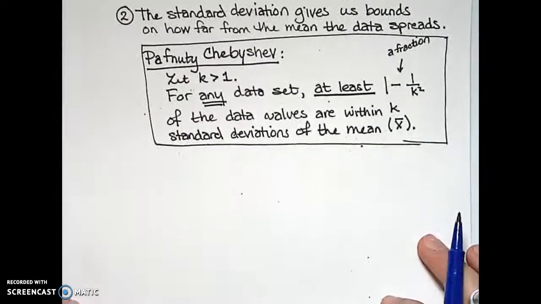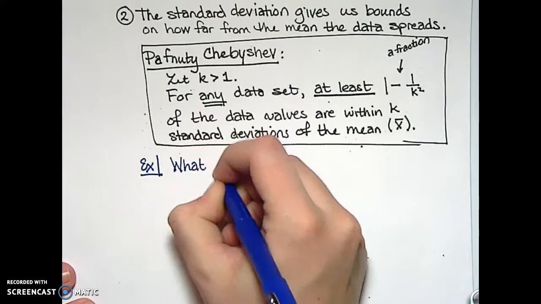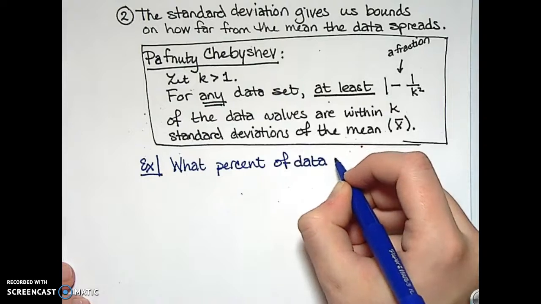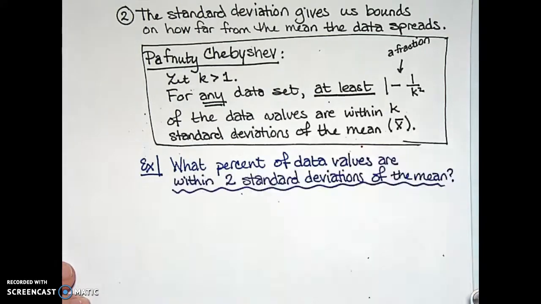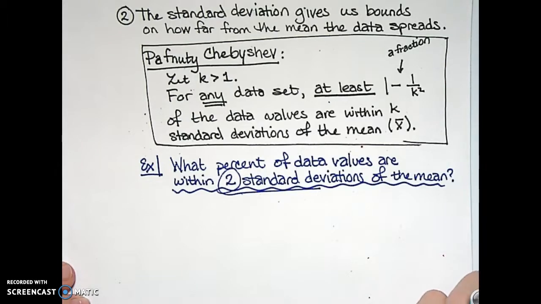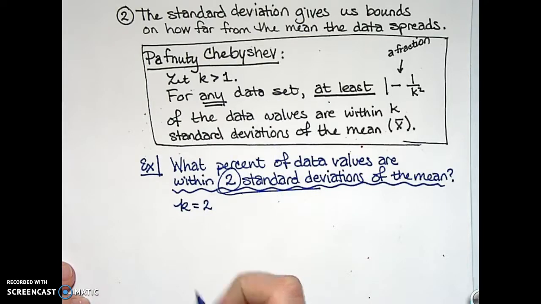So to begin with, what percent of data values lie within 2 standard deviations of the mean? Here we see that we want to know things about 2 standard deviations of the mean. So that means that k is equal to 2 in Chebyshev's theorem.